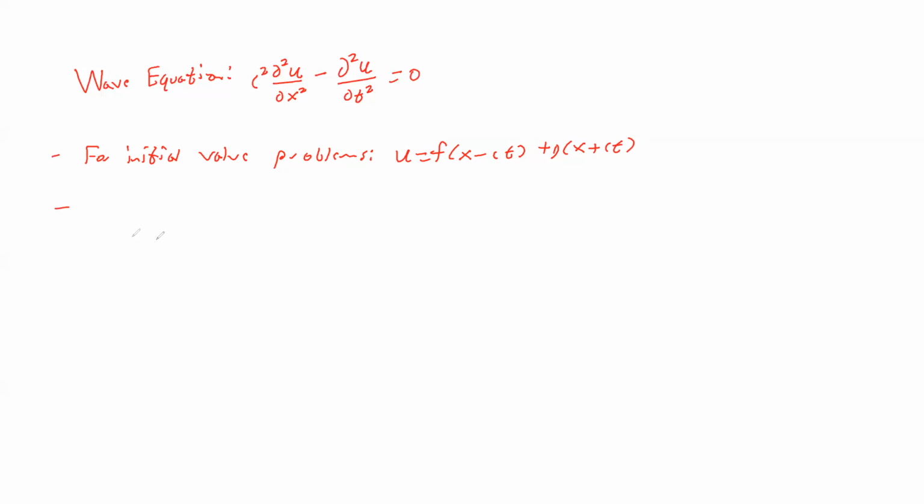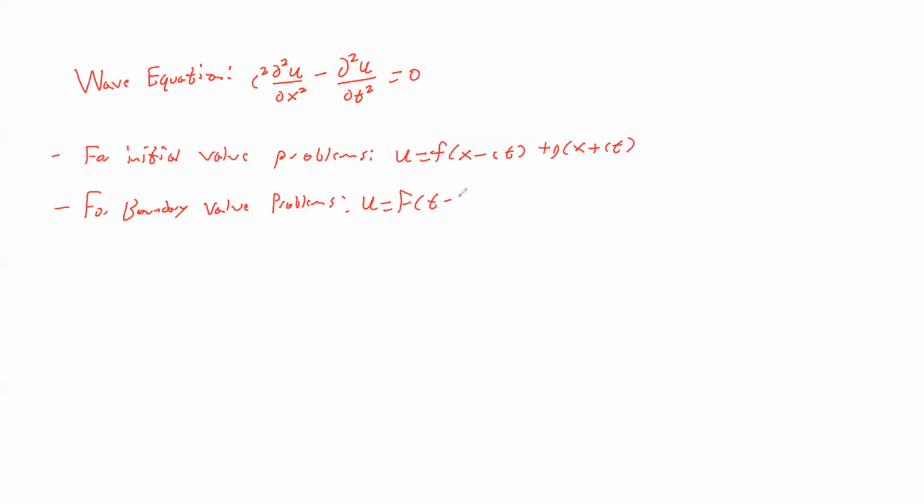Now, the solution to the boundary value problem looks quite similar, and you'll see that in just a moment. It's once again a function f plus g, but the argument is formulated a little bit differently.